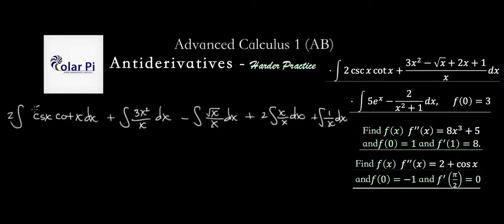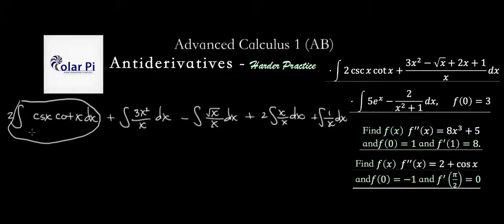Now here in this first guy, cosecant cotangent x, we almost recognize this as the derivative of something. It's negative cosecant cotangent x that we recognize as the derivative of cosecant x, right? The derivative of cosecant x is negative cosecant cotangent. So the only thing we're missing is the negative to claim this as the antiderivative.